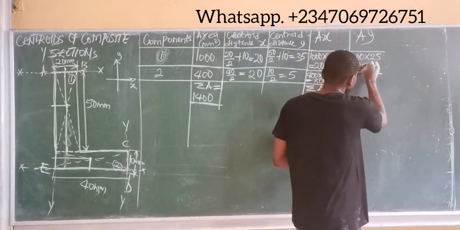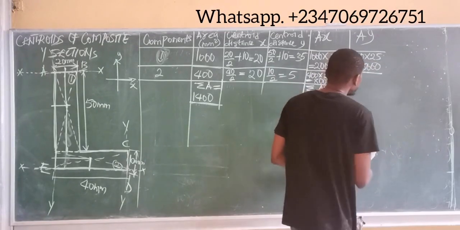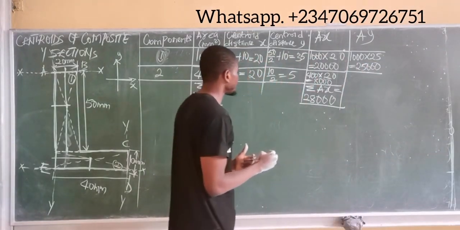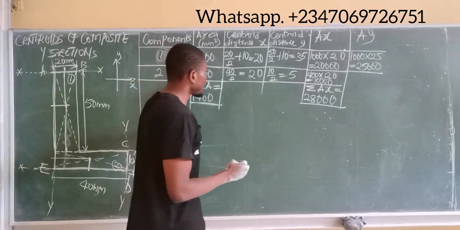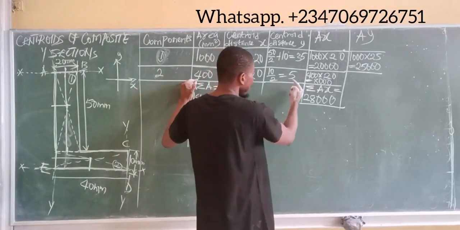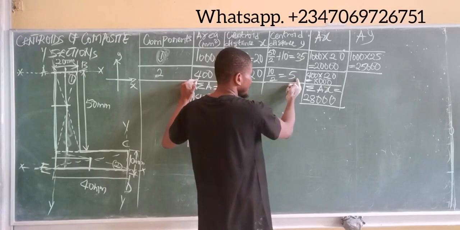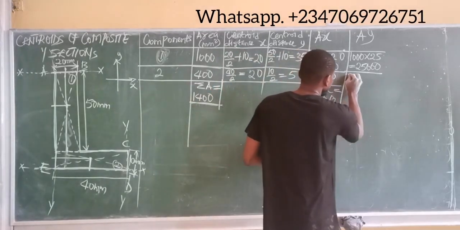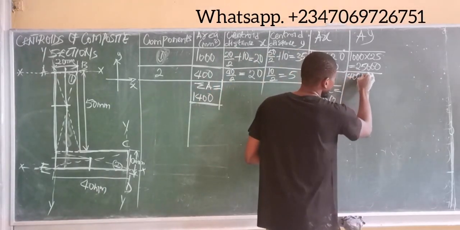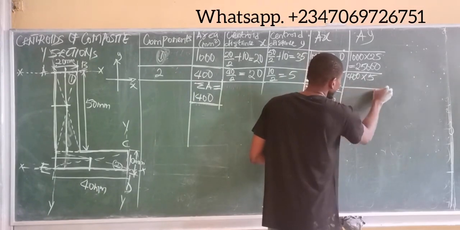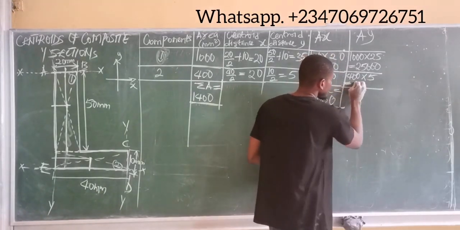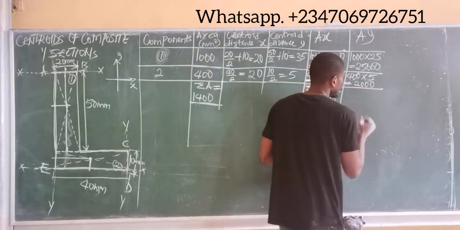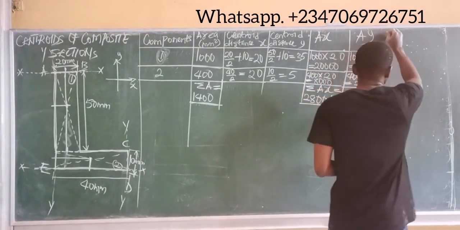That simply gives us 25,000. Next is the area of the second segment, which is 400, multiplying by the central distance in the y-axis for the second segment, here it is 5. So 400 multiplied by 5 simply gives us 2,000.